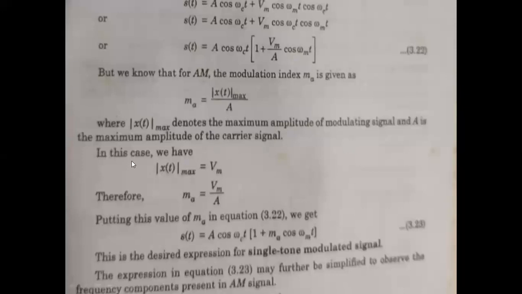Now substitute in this S of t value: A cos omega c of t plus m, the modulation index, into cos omega c of t.